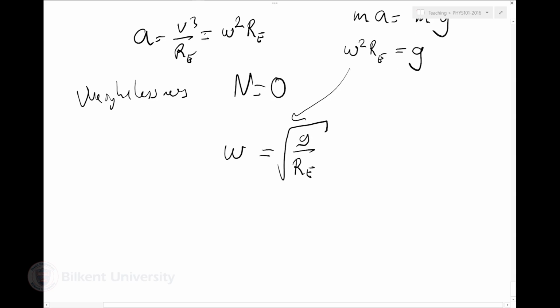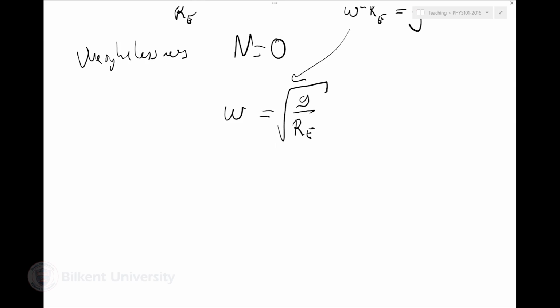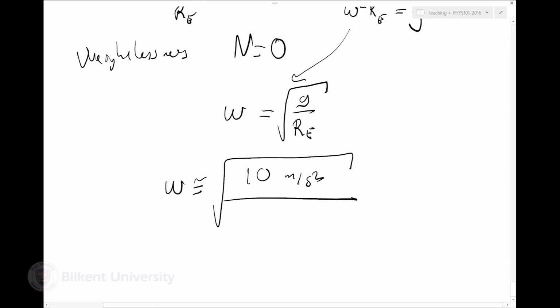So let's try to find out what this omega comes out to be. Let's put in numbers. g is more or less 10 meters per second squared. R Earth, I said, is 10 to the 6 meters.